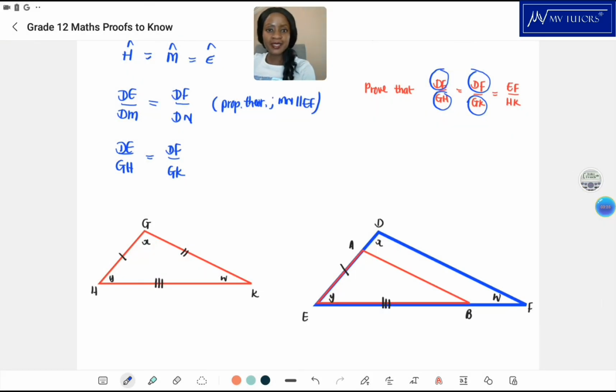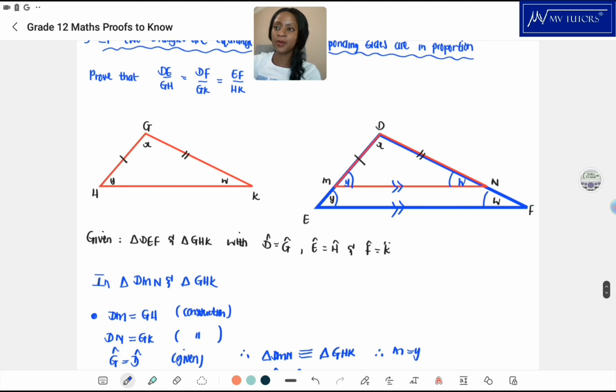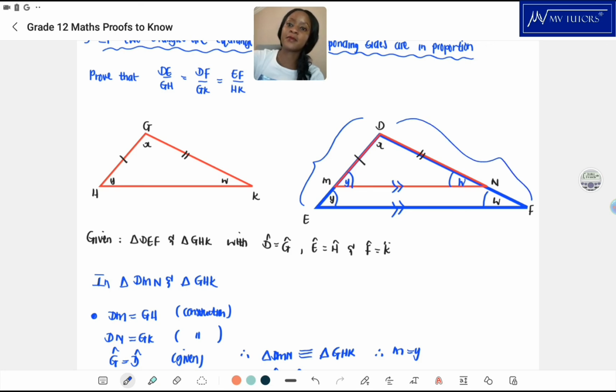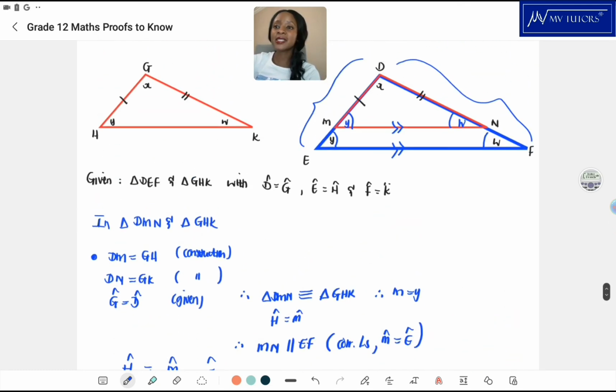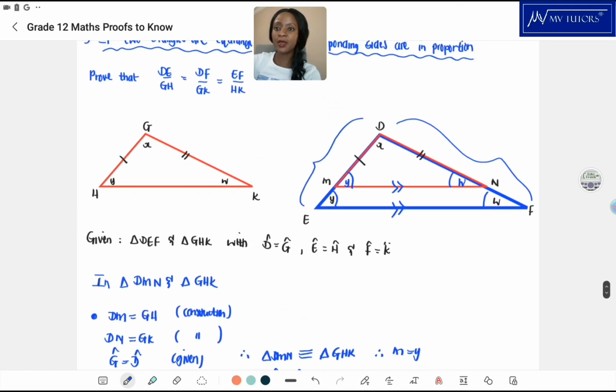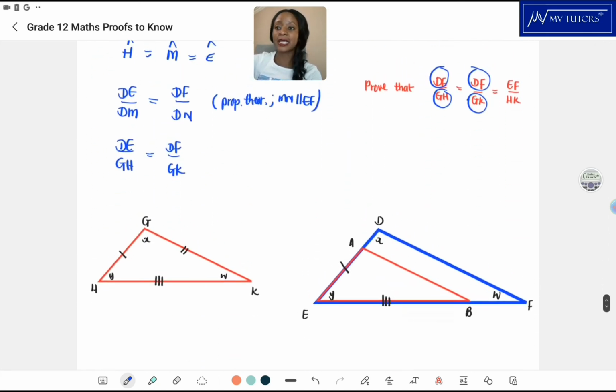So we have shown that DE over GH is equal to DF over GK with the construction that we did here, because we saw that this is where DE is and this is where DF is. But now the last portion is about EF over HK. So you're going to take the same triangles and reconstruct it a little bit such that it looks like this.